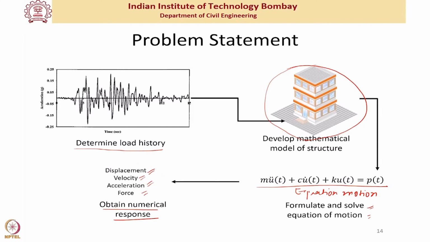Okay, so these are the response quantities I need to find out. So this is basically the problem statement, and through different chapters of this course we are going to address one or multiple steps at a time. Okay, so keep this problem statement in mind when we go through different chapters.